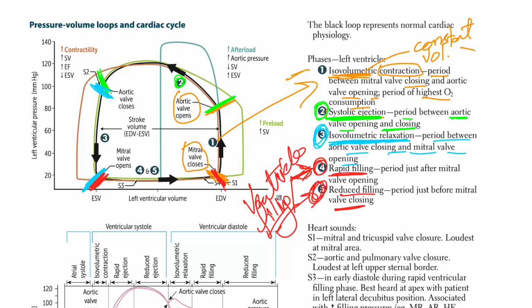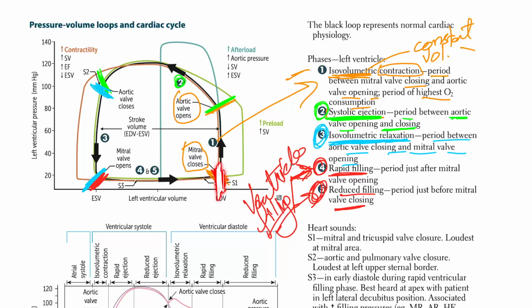So now what we look at is, when you increase contractility, what's going to happen, and when you decrease contractility, what's going to happen. So let's look at the first one, when you increase the preload. So you increase preload, which is right here. If you look at this green line, what is it?